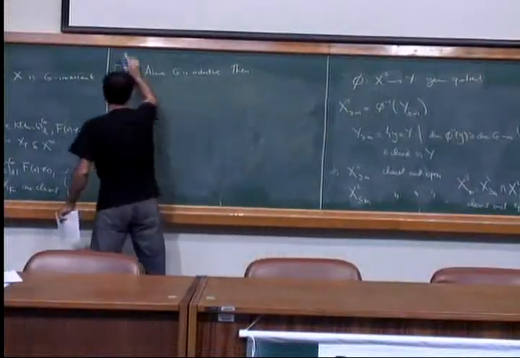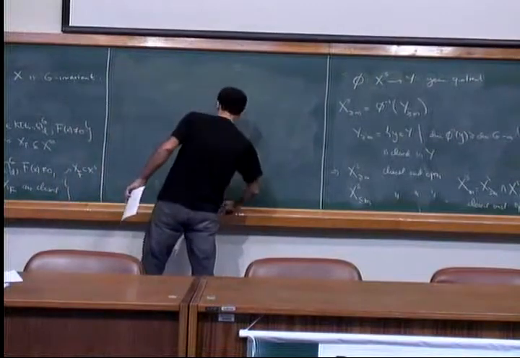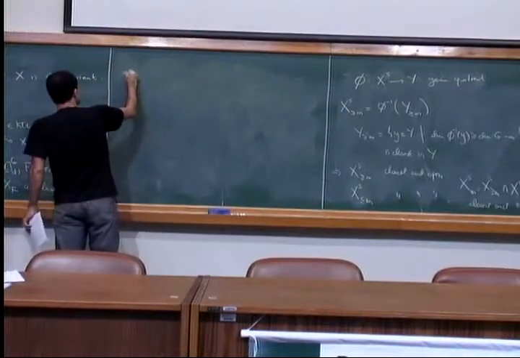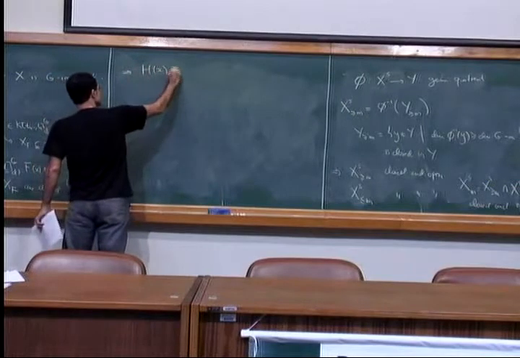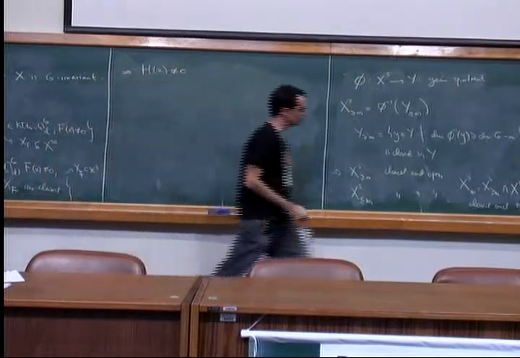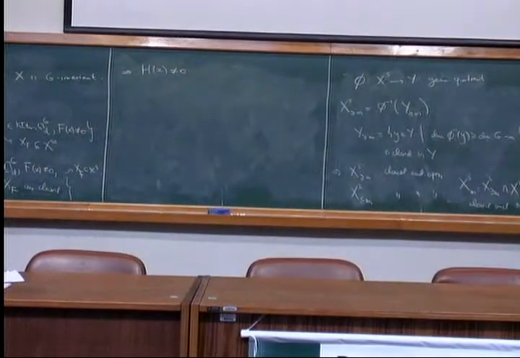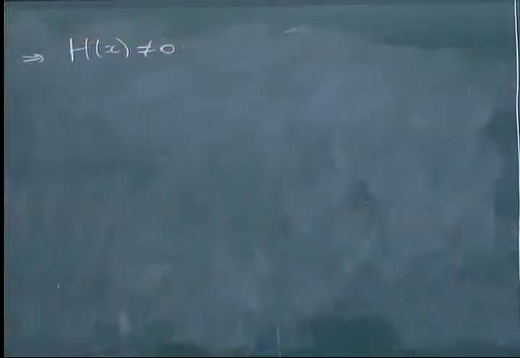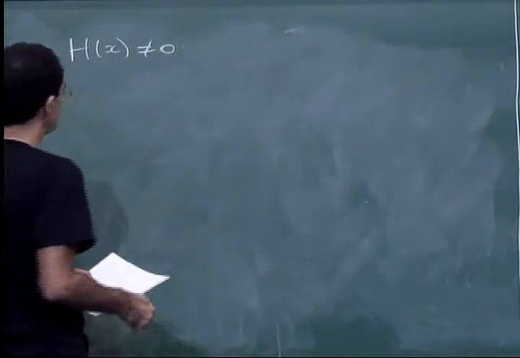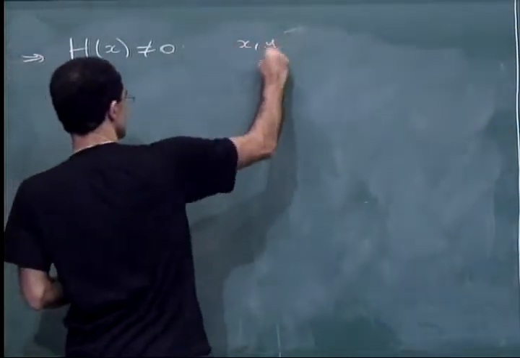But it's invariant. So if H is non-zero on Y, it's also non-zero on X. Right? Because if it would be 0 on X, it would be 0 on the orbit, it would be 0 on the closure, and that's not the case. So you see that both X and Y belong to the principal open subset X_H.